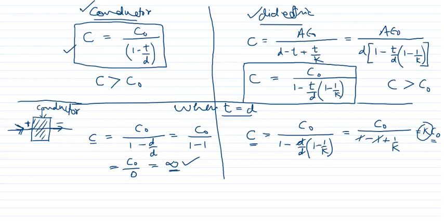Depending upon the circumstances, we fill the dielectric of the required value to increase the capacity of the given capacitor. So this is the comparison, and hence all about the capacity of a capacitor with dielectric and with the conductor between its plates.